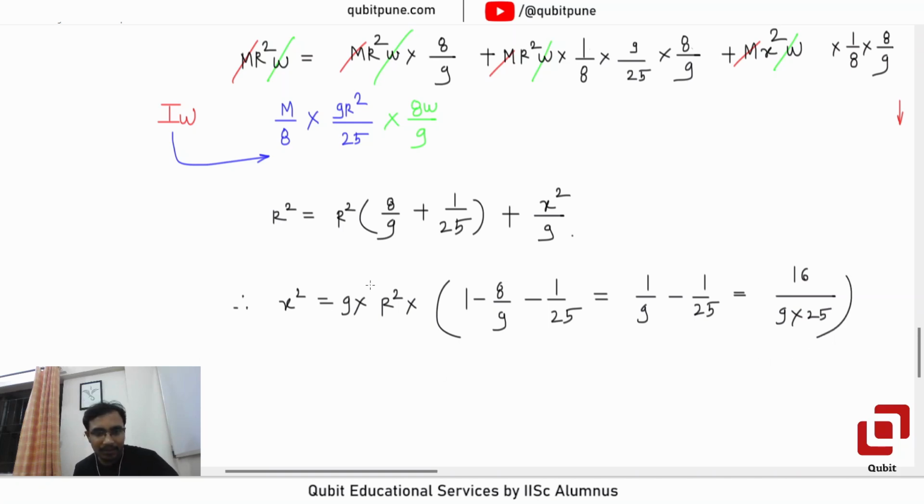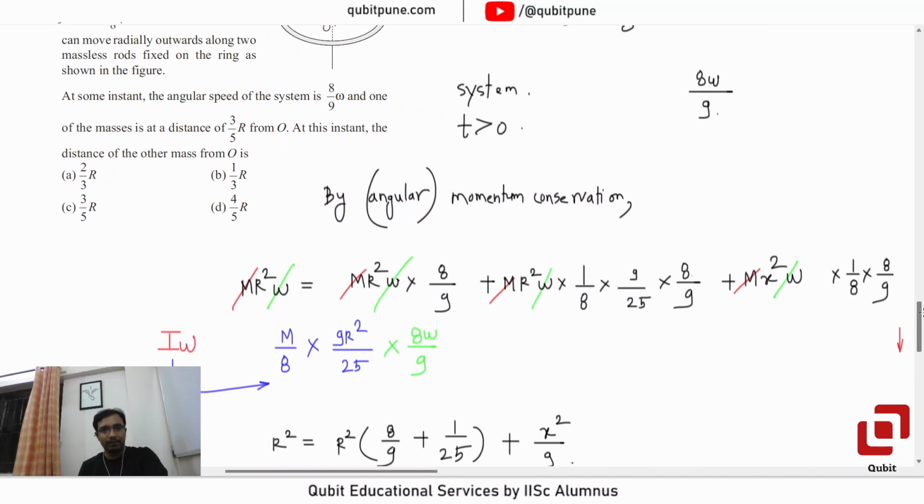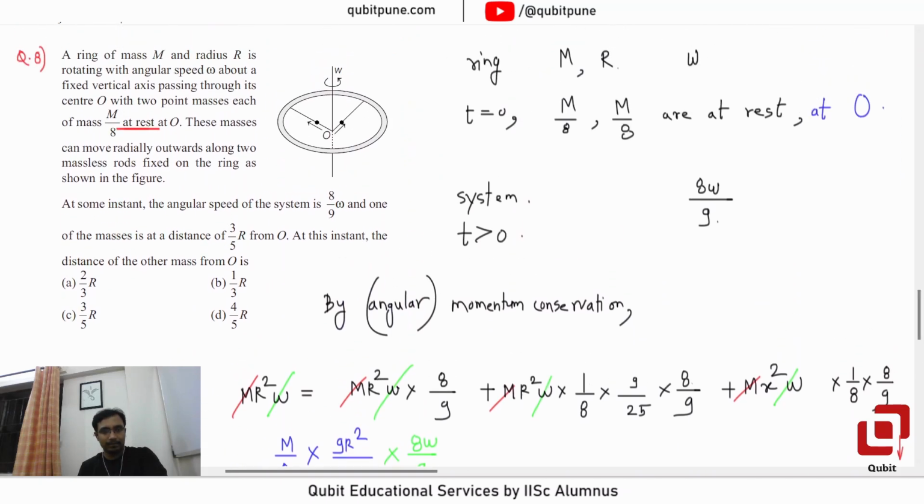This 9 is cancelled by this 9. So x squared is R squared into 16 by 25, so x will be 4R by 5. That is option D. Is that clear? Yes, sir.